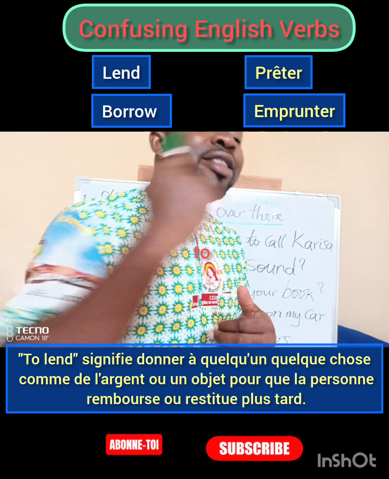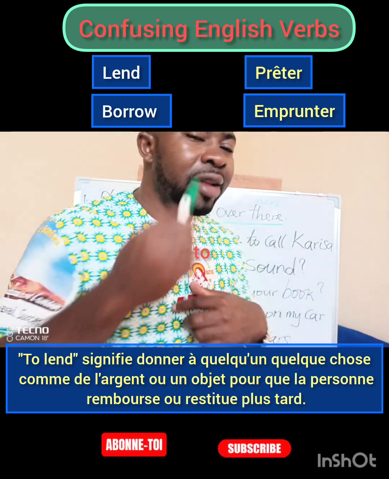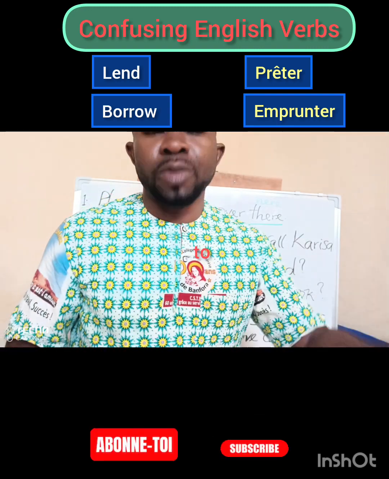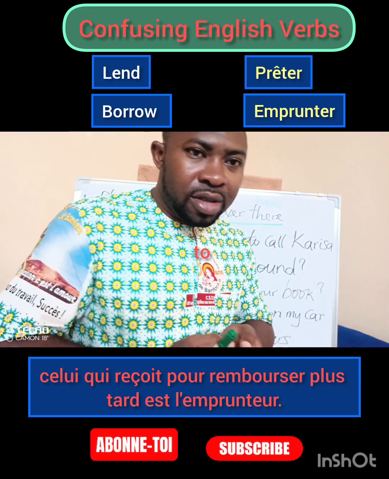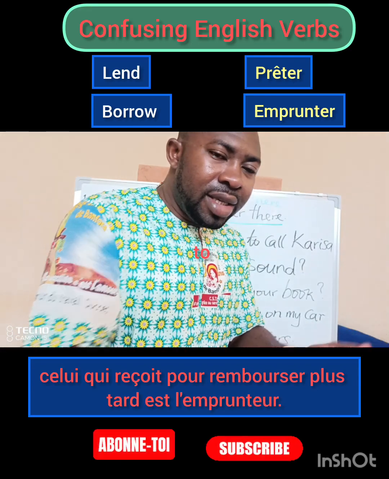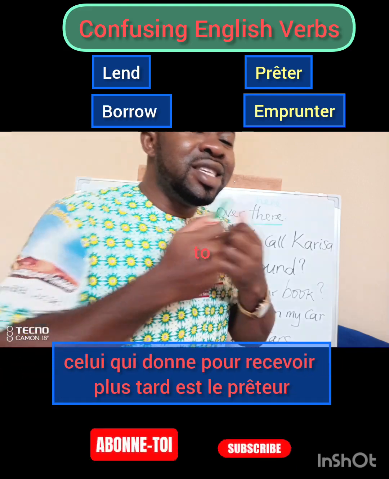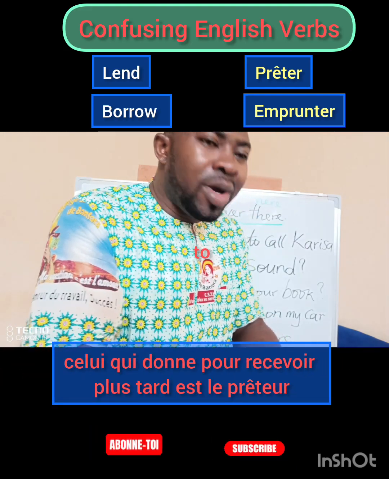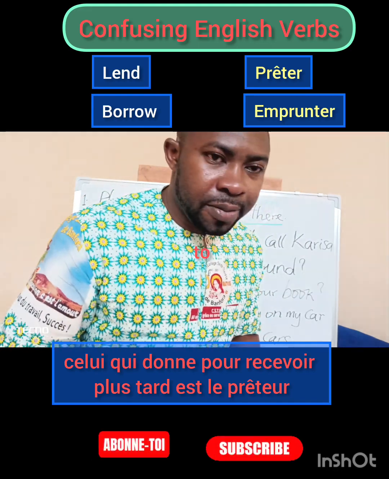That you are lending. And then the person is borrowing. So the person who receives to pay back is the borrower, and the person who gives so as to receive back later is the lender.